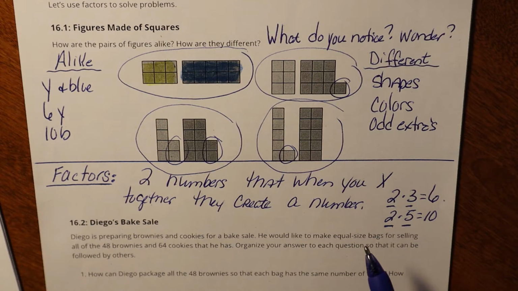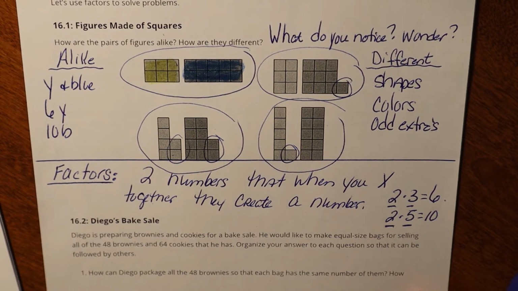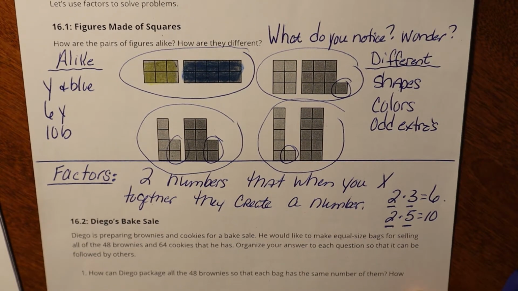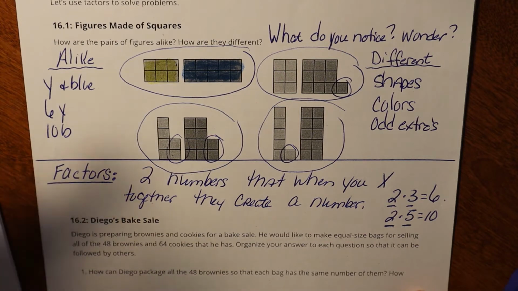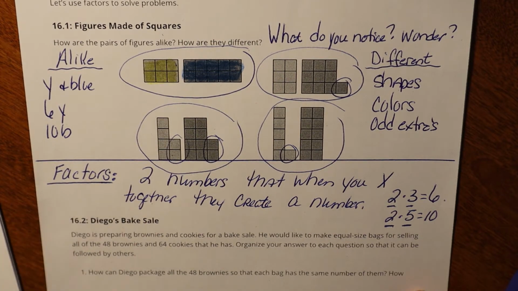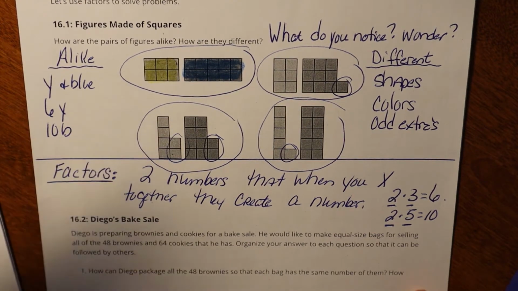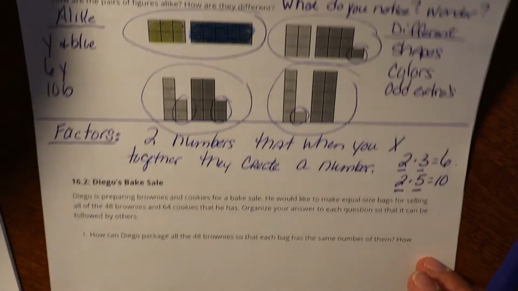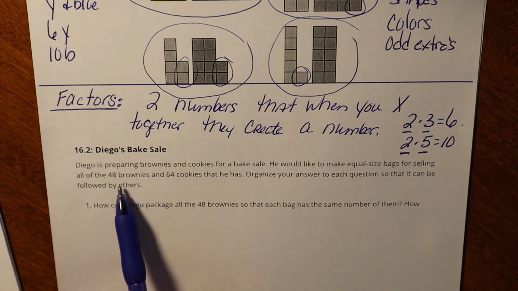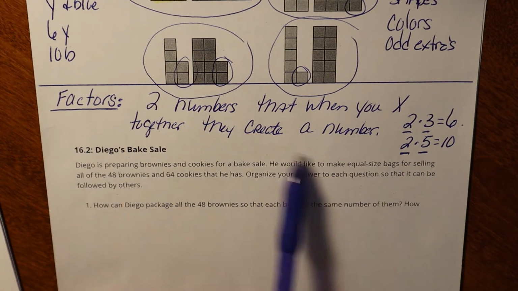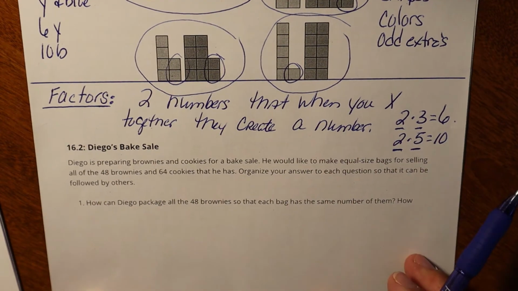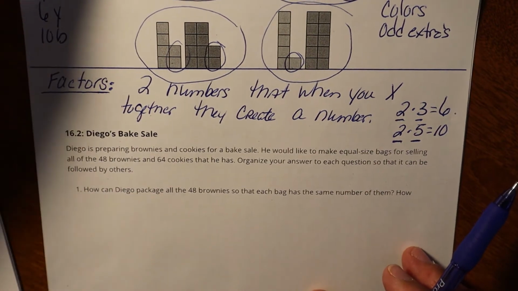You should have done this in 5th grade, so it's a review, but we haven't done it all year, so I'm going to show you some different ways to find factors of numbers, and ultimately you're going to pick the way you find easiest. So let's get into the heart of today's lesson. A lot of these lessons have stories behind them, what we call real world applications.